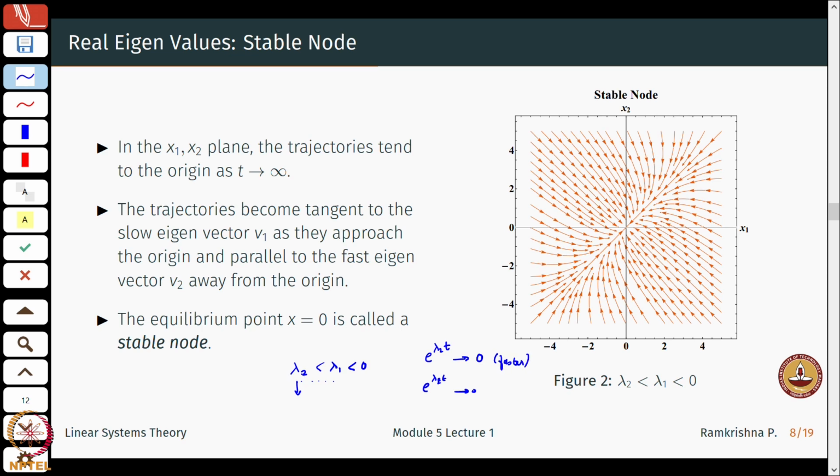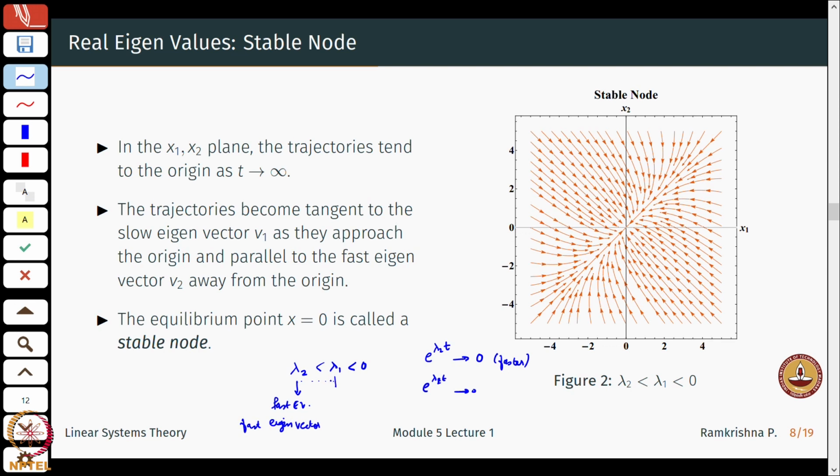We call this the fast eigenvalue, and the corresponding eigenvector the fast eigenvector. Similarly, with the slow eigenvalue and the slow eigenvector.